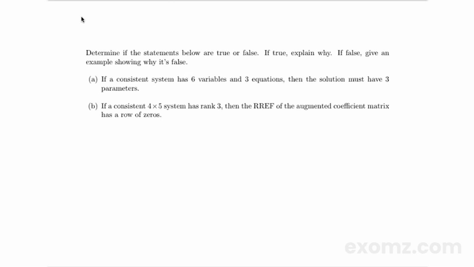So in general, if I want to prove that a statement is true, then I'll have to state the relevant theorem, proposition, or the facts given in the question to prove that it is actually true.